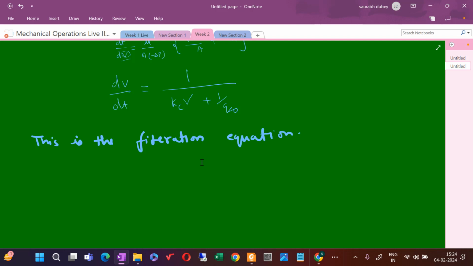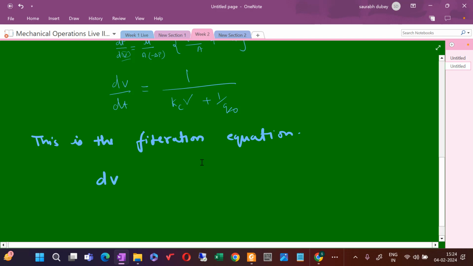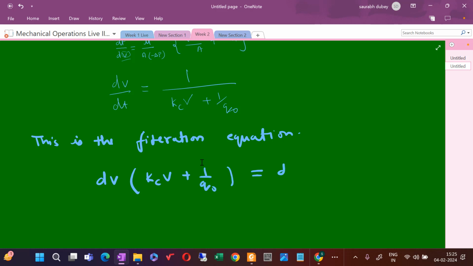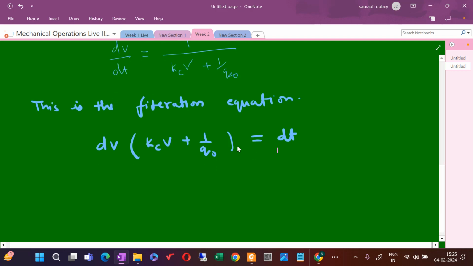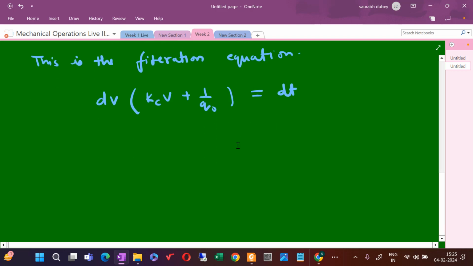And when you actually rearrange it, you will be getting dV, Kc V plus 1 by q0, equals to dt. That is the first step of the rearrangement.